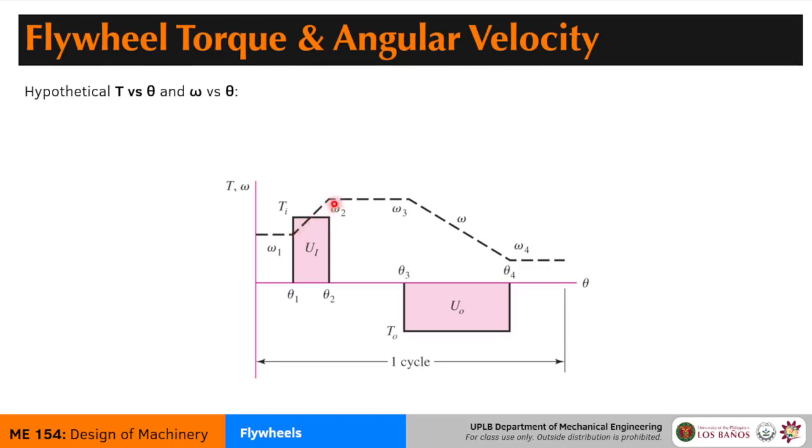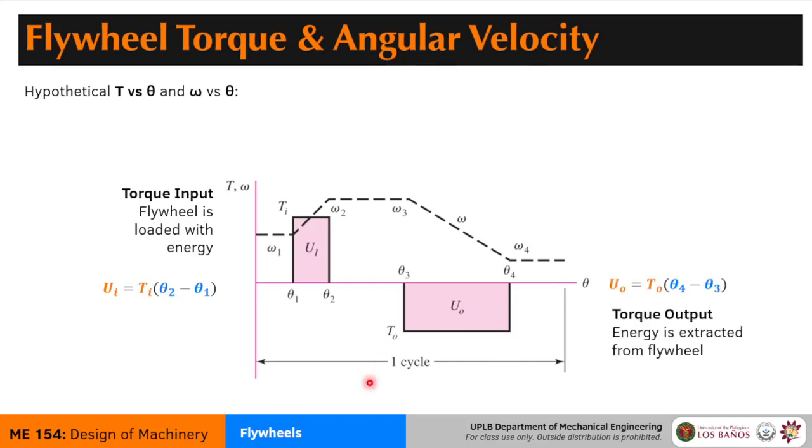So it starts to store energy. And when it is experiencing negative torque, the angular speed drops. So that means it is dispensing energy. This positive area here, U sub 1, is the area under the curve, and this is the amount of energy that the flywheel stores in this period.